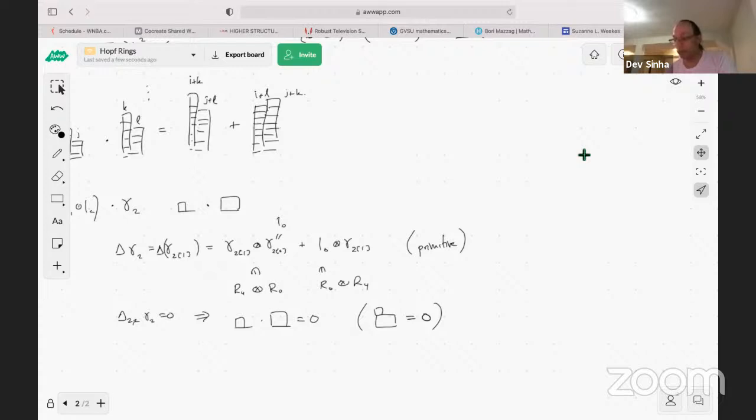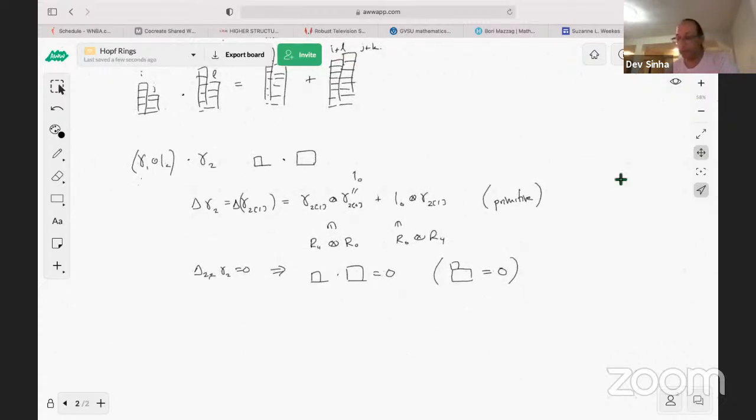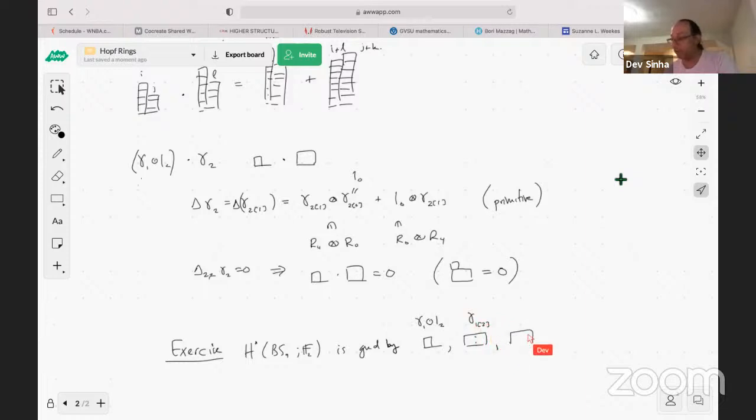So through these additive bases and these multiplication rules, let me make a claim and leave it as an exercise. The cohomology of BS4, or R4, is generated by, I'll go graphical, this class, which is again gamma 1 transfer 1, 2, this is gamma 1 second divided power, and then this new gamma 2, which is a bit bigger.